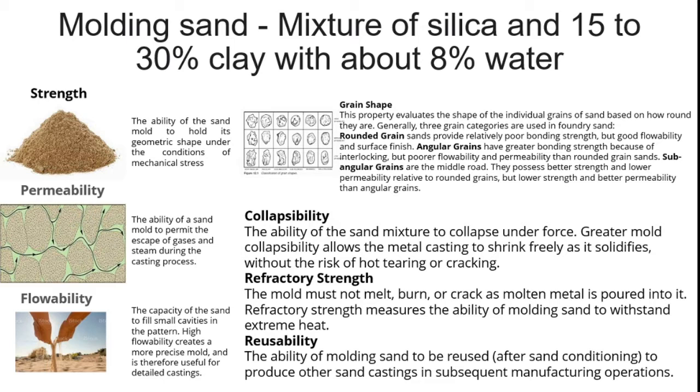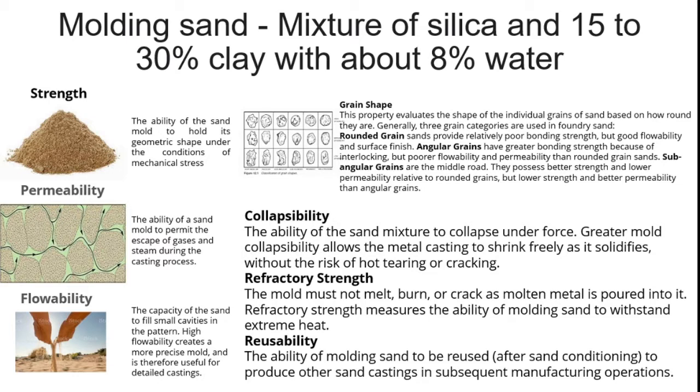Okay, how should the sand particles be, how should the size be? Yes, the size is to occupy the molding box. So the size is to be minimum, and then grain size and shape are also important. The molding sand has three types of grain shapes: rounded grain, angular grain, and subangular grains.